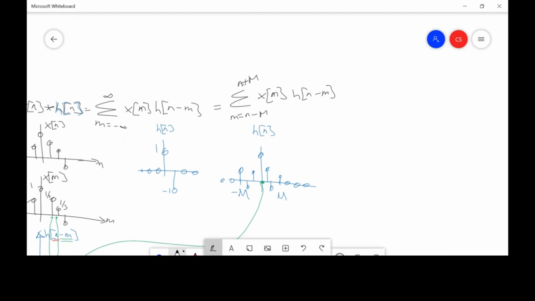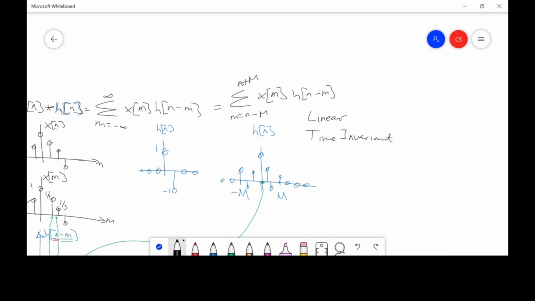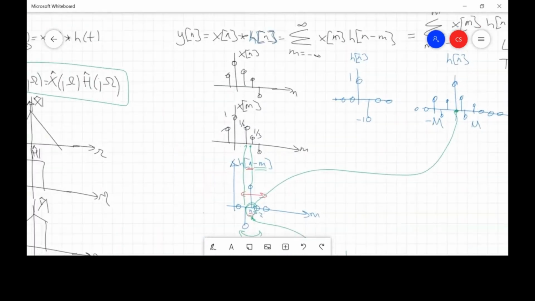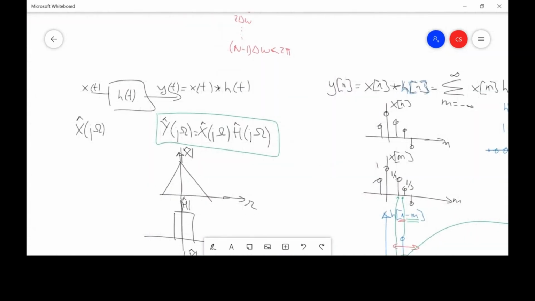So this is a sum, and that is why it's called a linear operator. It's linear in x and linear in h, in both. And because this h is fixed, it is time invariant. So all these are called LTI systems. And actually, this transformation that we have somewhere is true only for LTI systems.